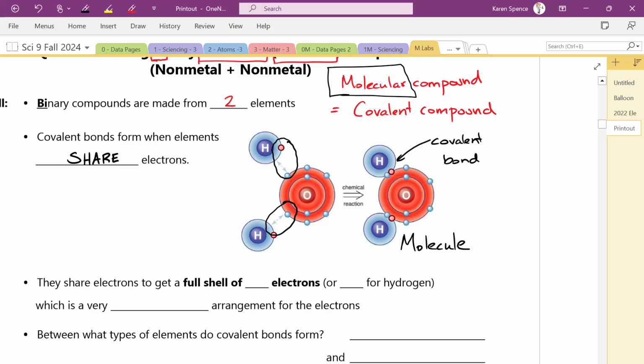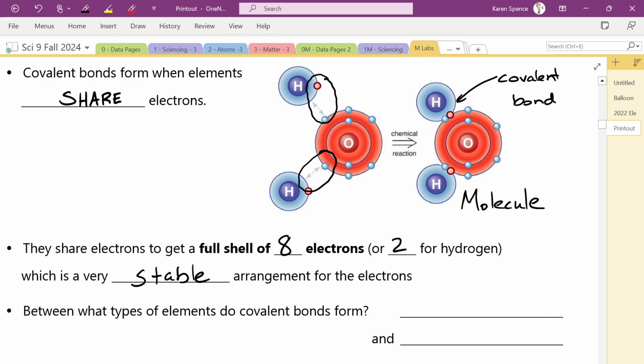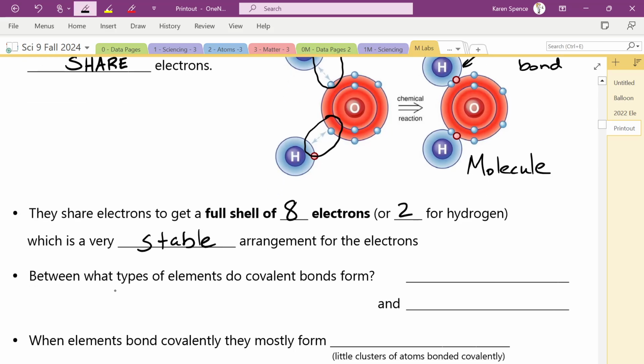Please don't talk while I'm talking. Anyway, they share to get a full shell of 8 electrons. How many for hydrogen? 2, which is what kind of arrangement for electrons? Very stable. And again, this is something that could be on Monday's test. Between what types of elements do covalent bonds form?